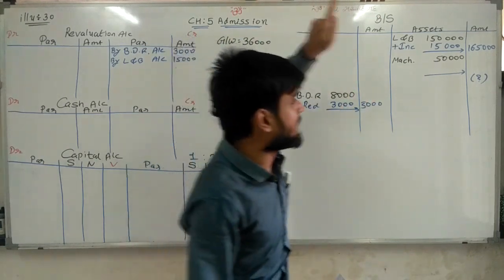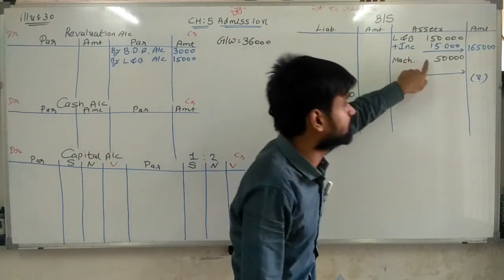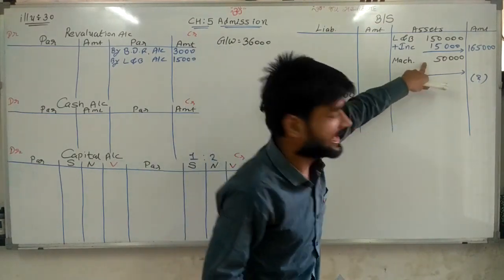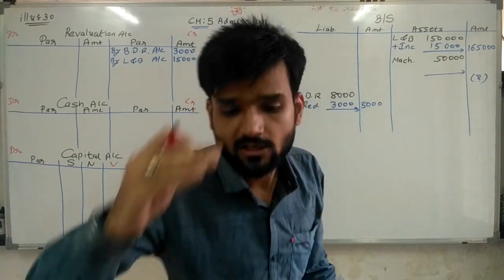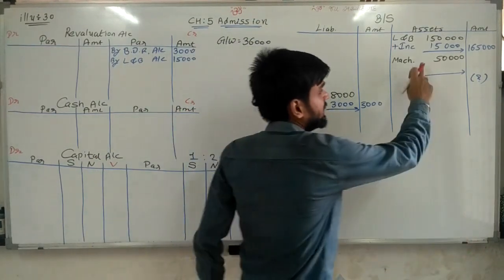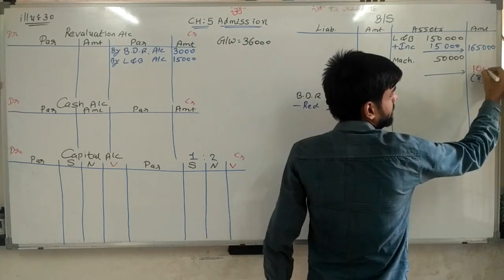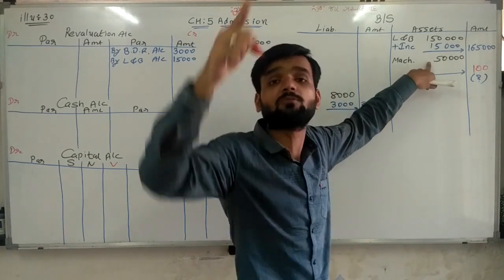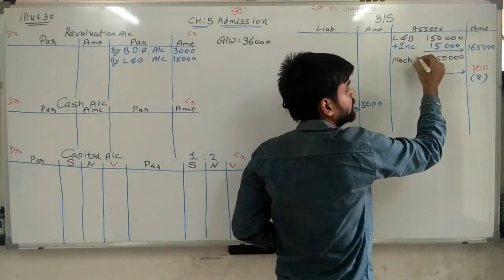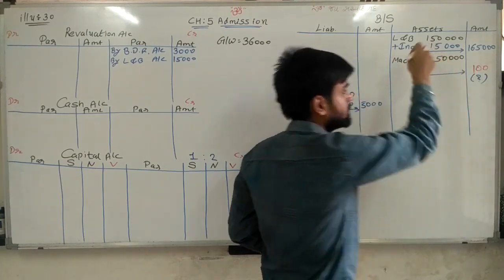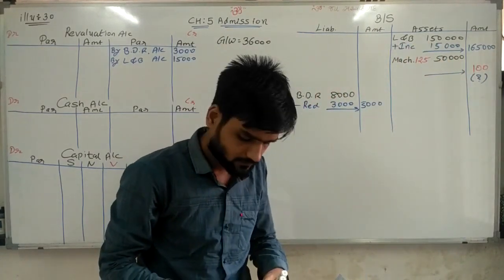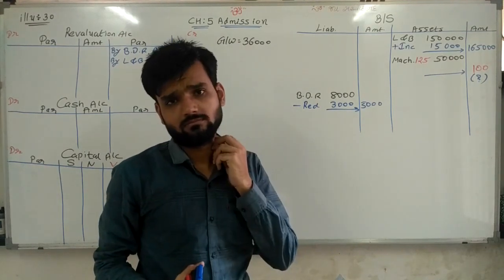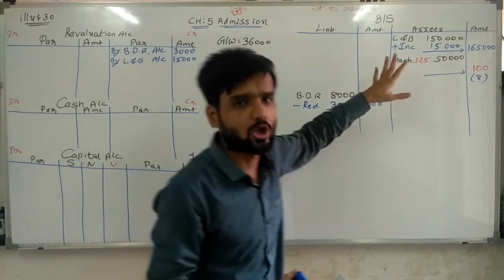The information is given about this book value, this 50,000 rupees: it is more by 25%. It means if the market value is 100, then this value is 25% more. It means it's 125, that is 100 plus 25%. This is the most important one in this sum. One more thing is also there, but this is the important one.